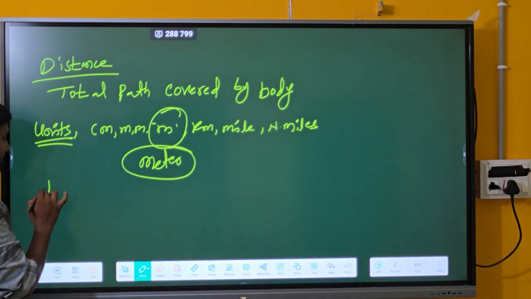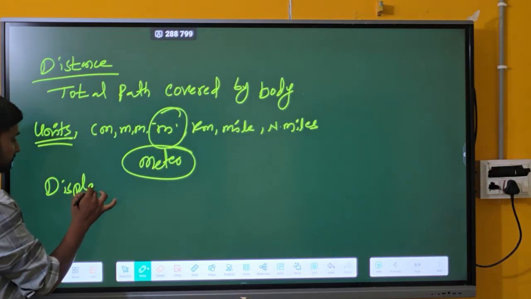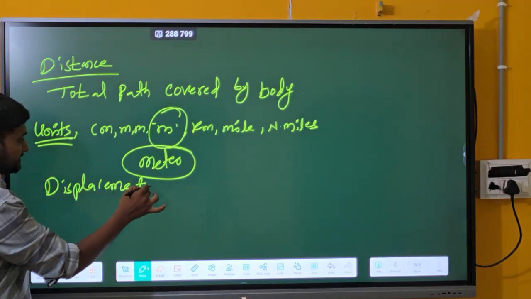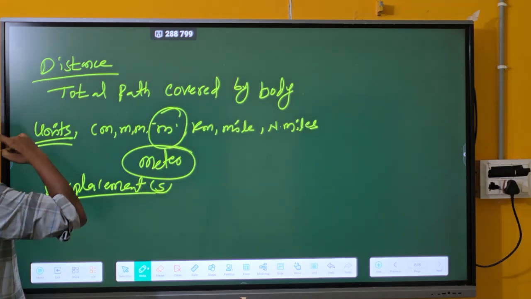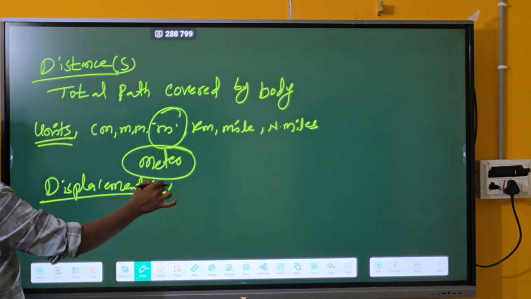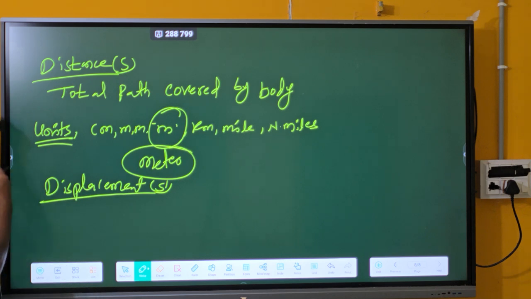Next, displacement. Displacement is denoted by S dash. What is the displacement?